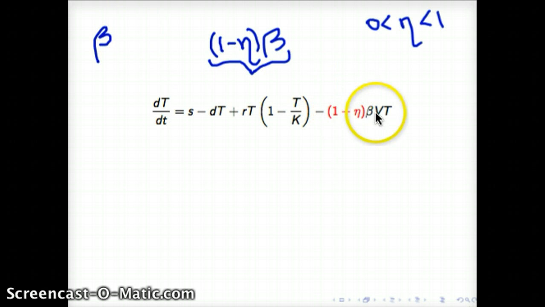Okay, and so this is one form of expressing or modeling the treatment when that treatment is targeted at interfering with the way in which virus and uninfected cells are interacting with one another.